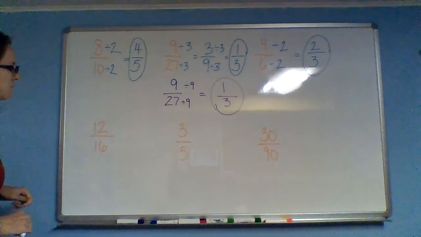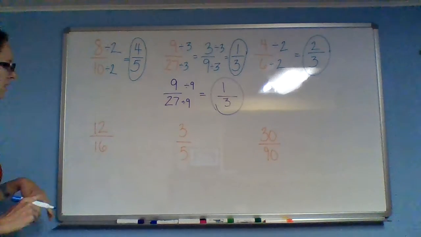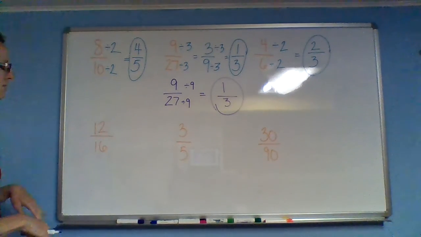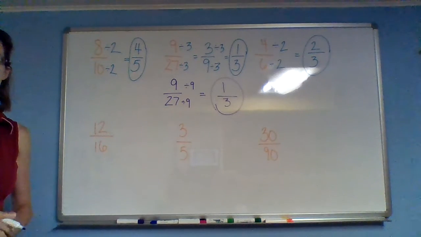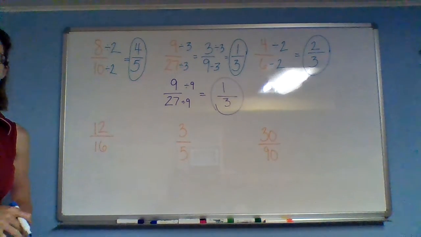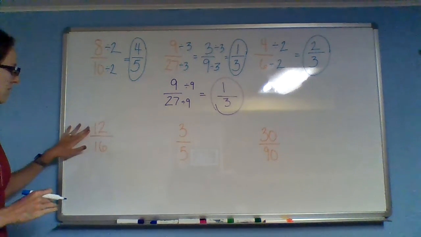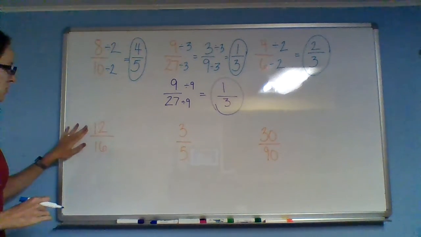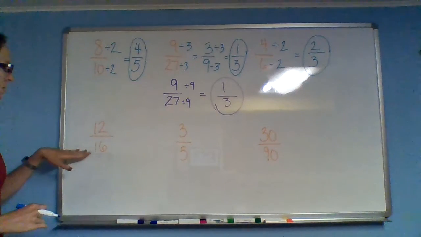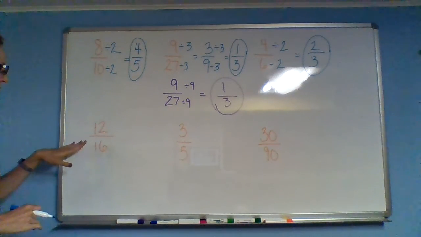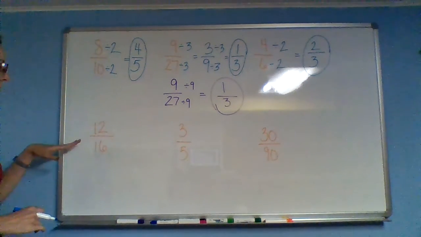12/16. Now here's one of those where I could think, well, both of them are even, so I could divide by 2, but I could also try to look for bigger numbers that they might be able to divide by to save myself some time. When I'm thinking about factors of 12, it divides by 2, by 3, by 4, by 6. When I'm thinking about factors of 16, it divides by 2, by 4, by 8.